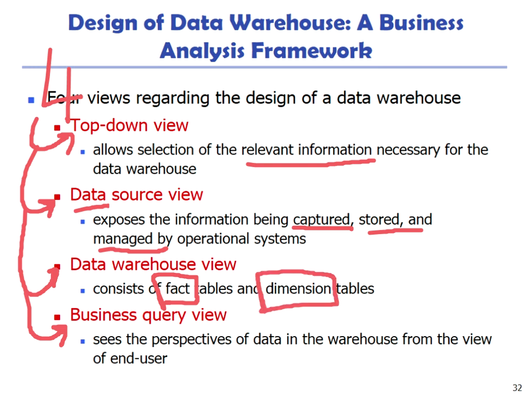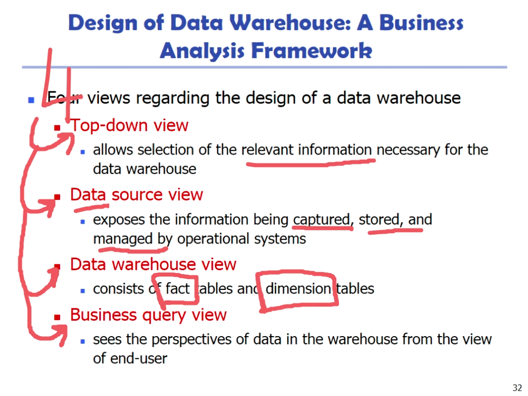So there are many different conceptual modeling of data warehouse using fact table and dimension table. For example, we can find star schema or snowflake or galaxy schema, etc. The fourth one is business query view.